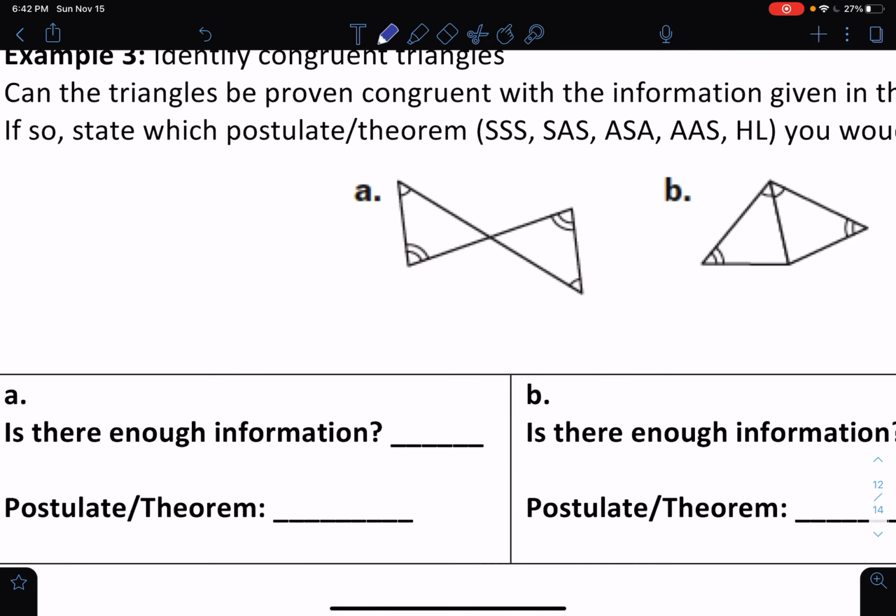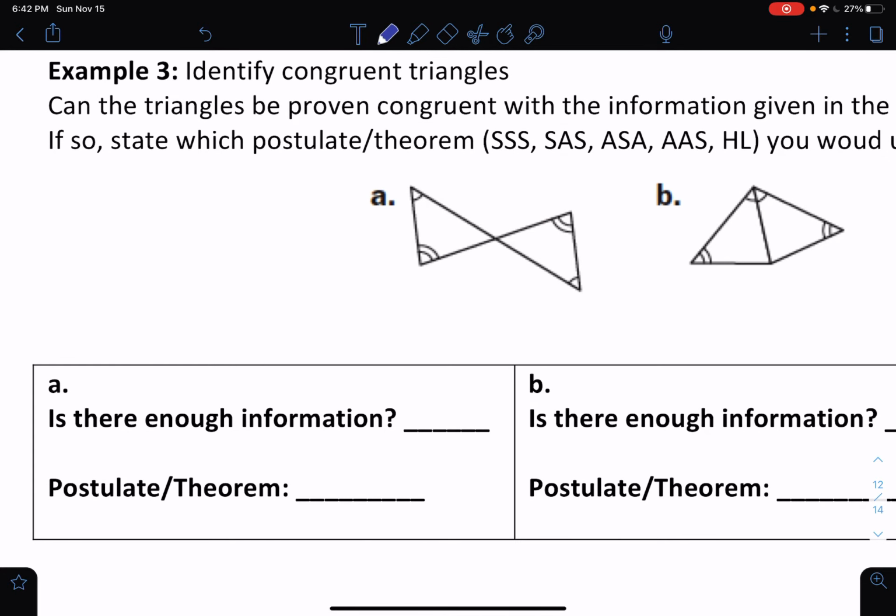Do we have enough in A to prove that these two triangles are congruent? Well, we are given that two angles match up. Anything else that I can conclude from this diagram? Well, I've got vertical angles here. Do I know anything about the sides? No.